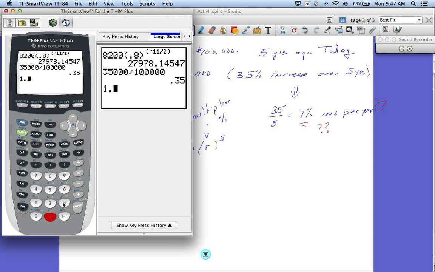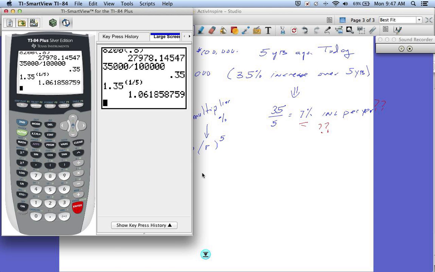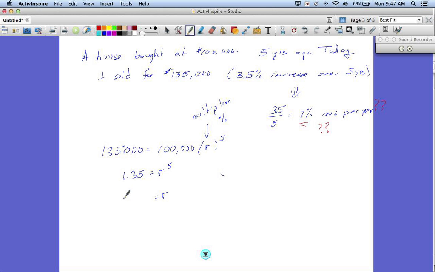So 1.35 raised to the 1/5 power gives us 1.061. I believe there's an 8 in there also. Well, that means that's 106.18%, which is a 6.18% increase or growth rate.